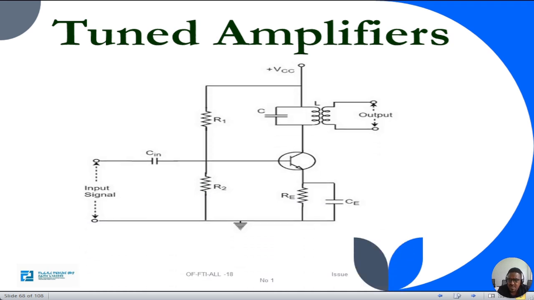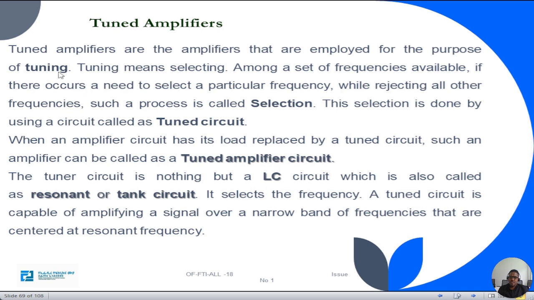In this amplifier circuit, a transistor amplifier circuit, if our load is replaced by a tuned circuit, we can call it a tuned amplifier circuit. Tuned amplifiers are the amplifiers employed for the purpose of tuning. Tuning means selecting among a set of available frequencies.